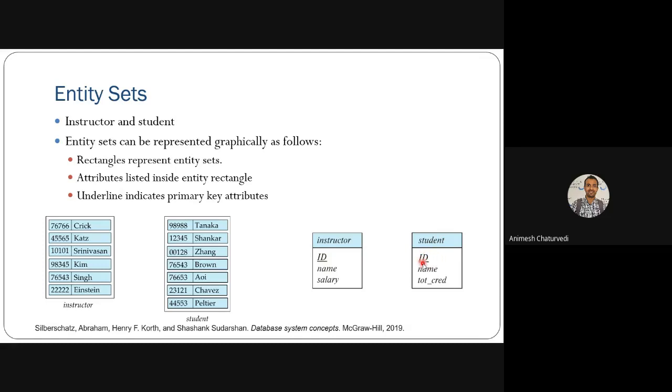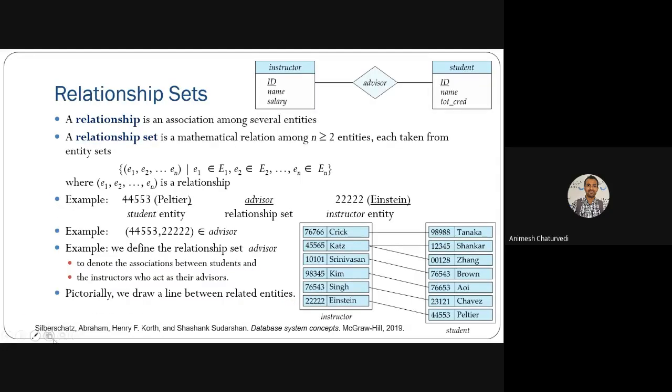So the roll number can uniquely define that student and identify that student in the whole university. Only one student would have that roll number, and that roll number is associated with some name and the total credits. All these things are being taken from the famous book by Korth and Sudarshan.